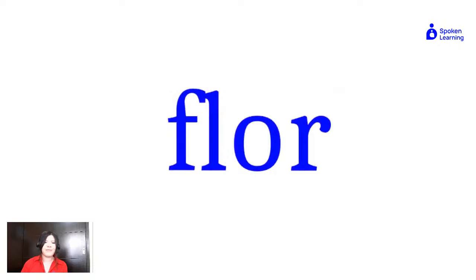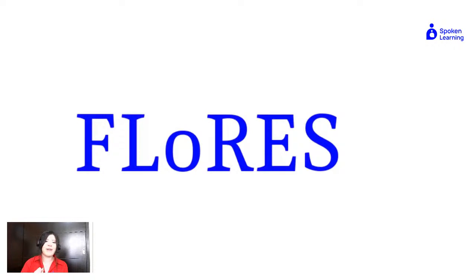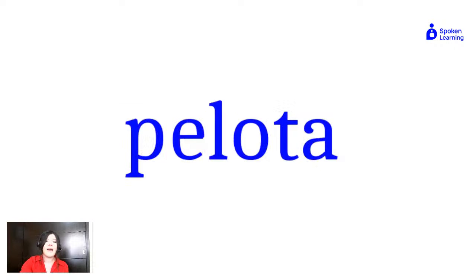Flor. What can be the plural for flor? Así es, el plural es flores. Recuerda que las palabras que terminan en consonante tienen terminación ES. Flores es el plural. Pelota. ¿Cuál es el plural de pelota?